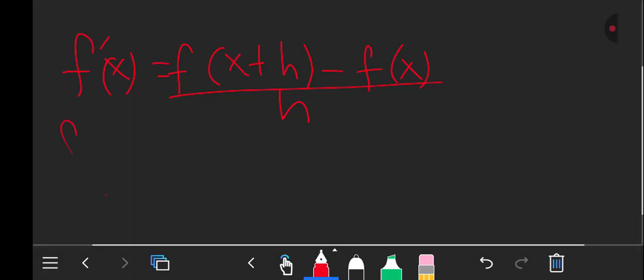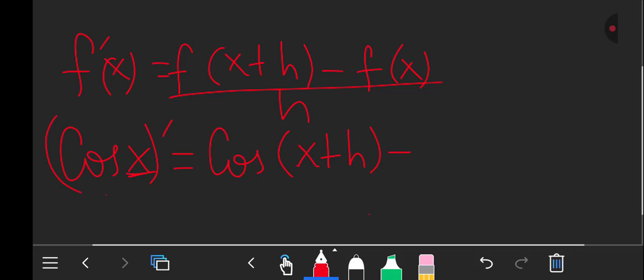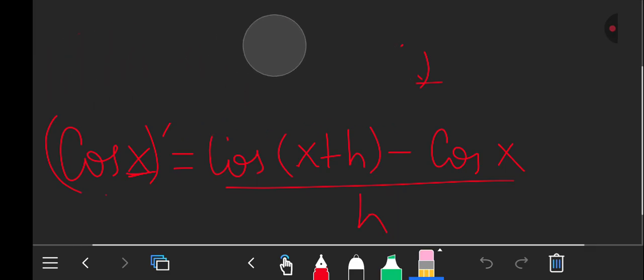So what we are differentiating is now cos x. So we are going to say the function is cos, then where there is x there, we'll substitute x plus h, then minus the function itself, cos x, over h.